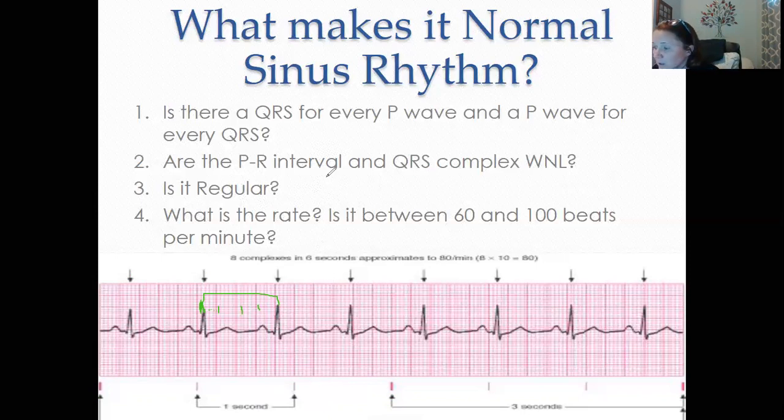And so that's 300 divided by large boxes, or 1,500 divided by the number of small boxes. Both of those are going to be between QRS complexes.